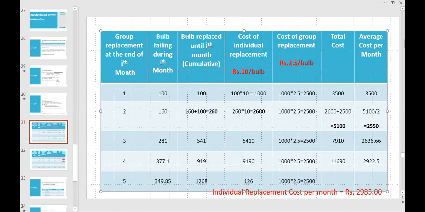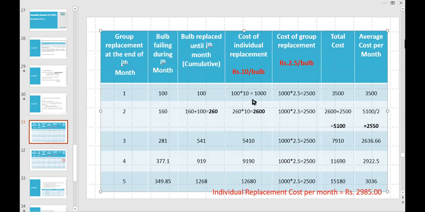Then 1268, then 12680. Then 1518, 15180, and divided by 5. So how much would it be? 3036. So it is 3036.